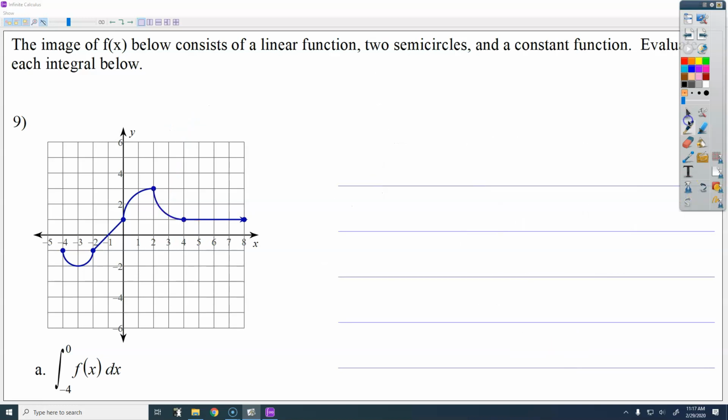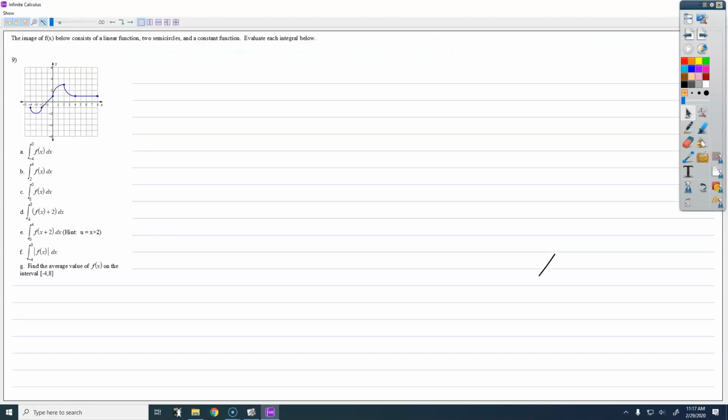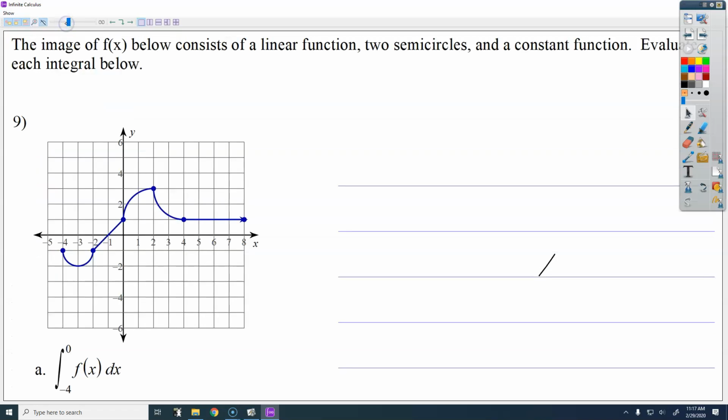Okay, let's take a look at yet another question now. We're finding the integral of the absolute value of f of x from negative 4 to 0. Okay, fair enough. Now when you take the absolute value of your function, let's think for a minute here.